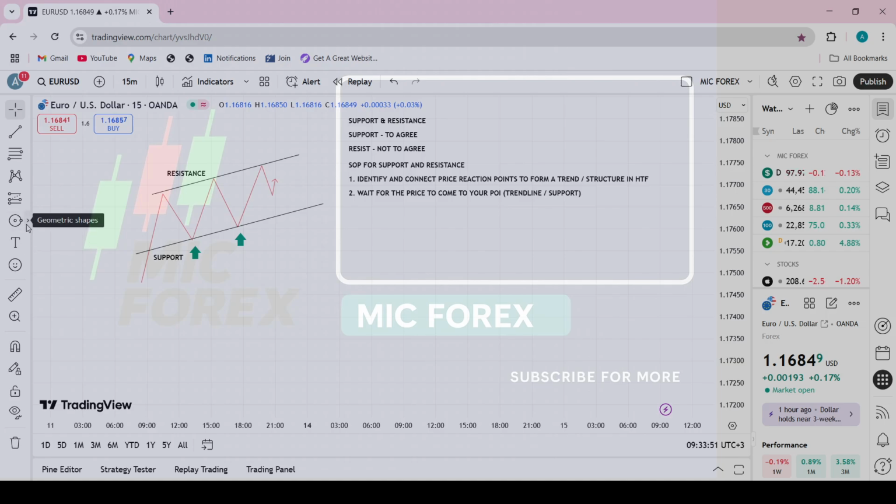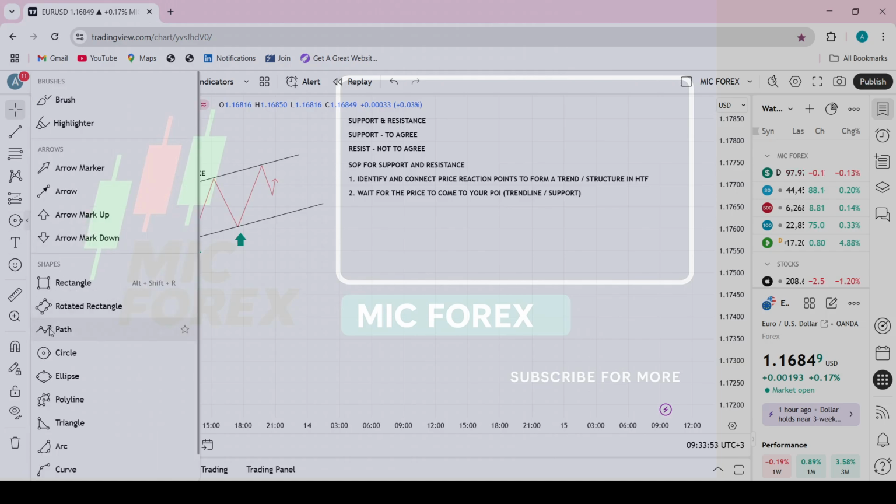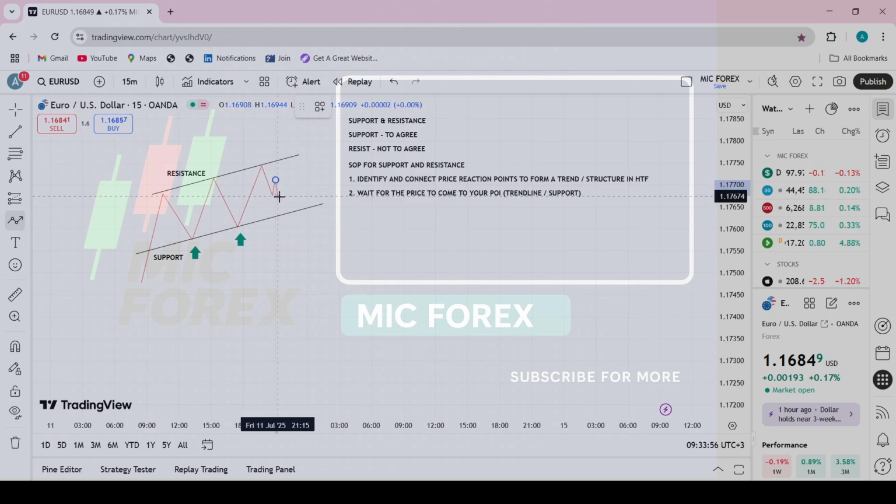So let's do it together. Let's assume that the price has really respected our waiting and it has touched our zone. At that point, I want to give you two scenarios for how you can take this trade, or two scenarios for how you can trade support and resistance.